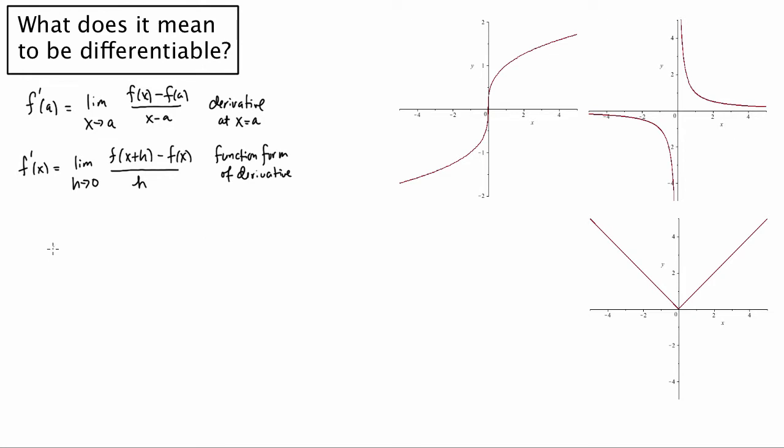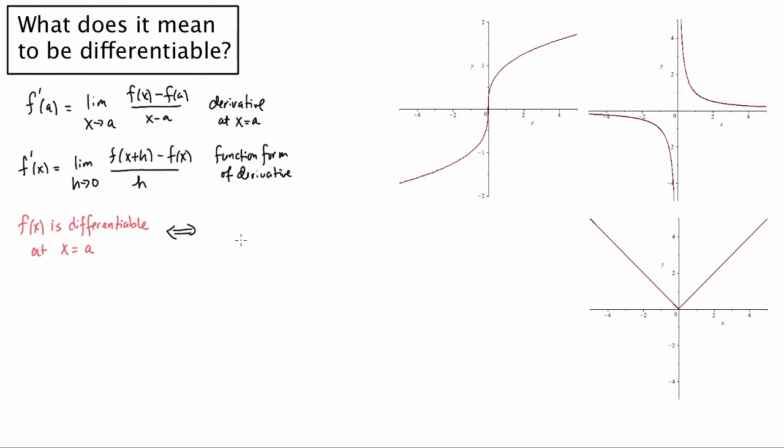So what we say here is that the function f of x is differentiable at the point x equal to a if and only if there's a couple of properties that come into play here.